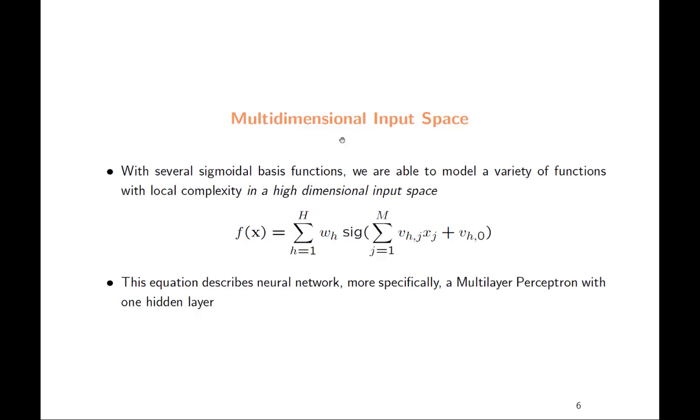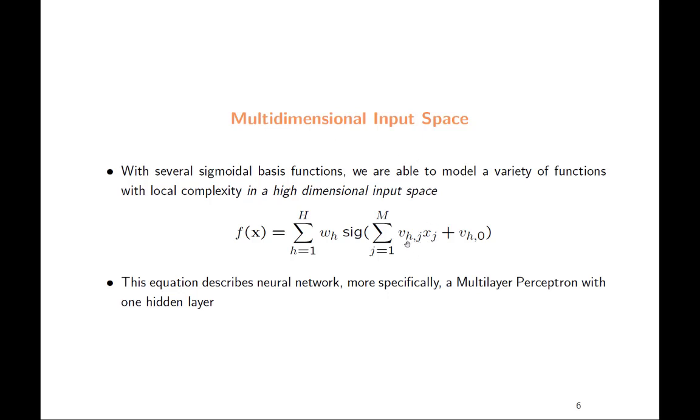Yeah, this can be generalized to the case that you have several inputs. So we have a multidimensional input space, and then it looks like this. So xj is now the jth input.